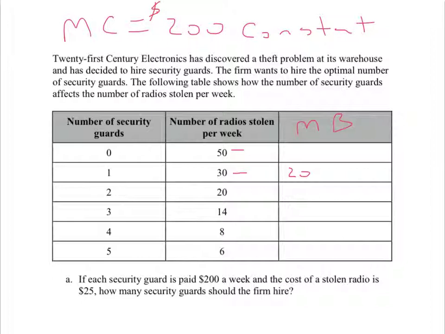Well, the cost of a stolen radio is $25. 20 fewer stolen radios at $25 gives us a marginal benefit of $500 for the first security guard. You see that? The marginal benefit is in terms of fewer stolen radios times the value of each radio.